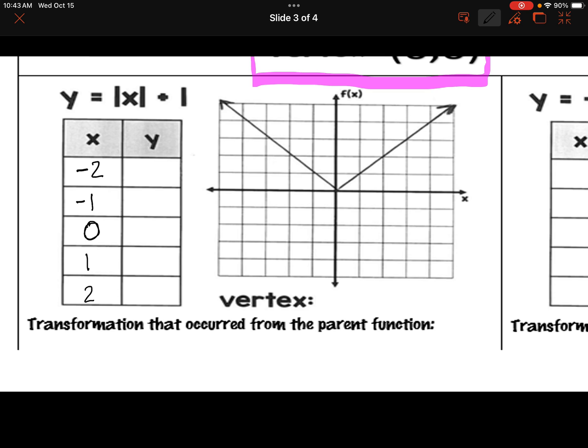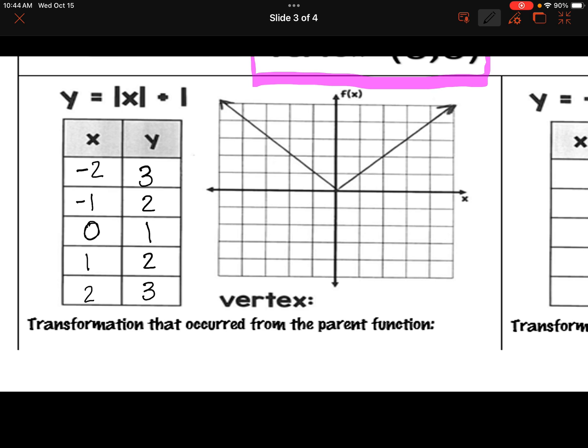And then 2 plus 1 is 3. And then the absolute value of -1 is 1. And 1 plus 1 is 2. And the absolute value of 0 is 0. And 0 plus 1 is 1. And the absolute value of 1 is 1. And 1 plus 1 is 2. And the absolute value of 2 is 2, and 2 plus 1 is 3.